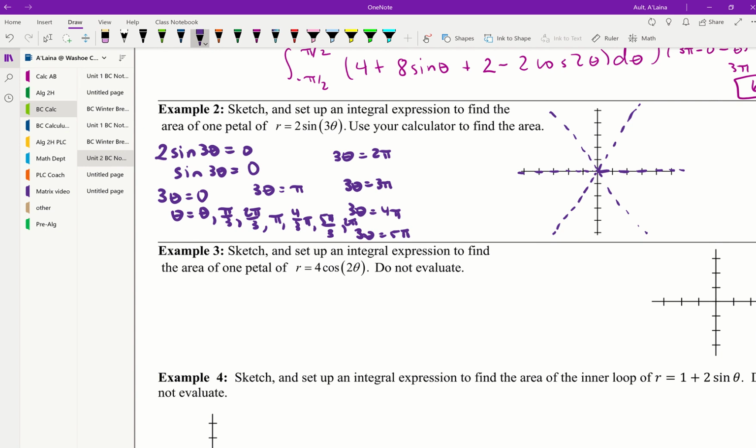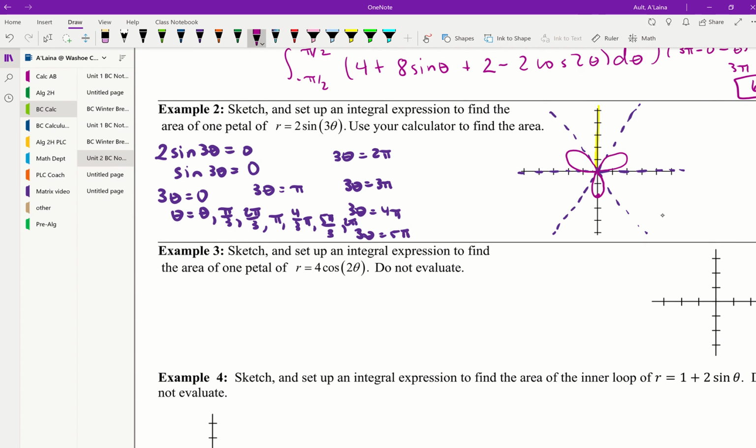You could plug in a value here if you wanted, like pi over 2, for example. 3 times pi over 2 is 3 pi over 2, which has a sine of negative 1, times 2 is negative 2, which is in this direction. Here's one petal. And basically what they are is they're going to be every other region. So it looks like this.